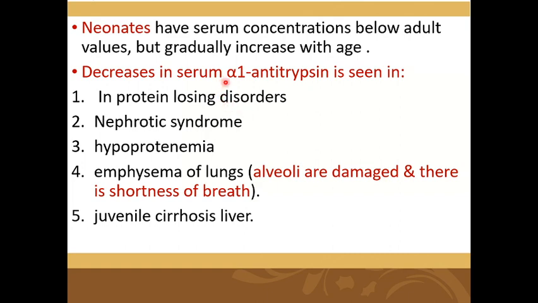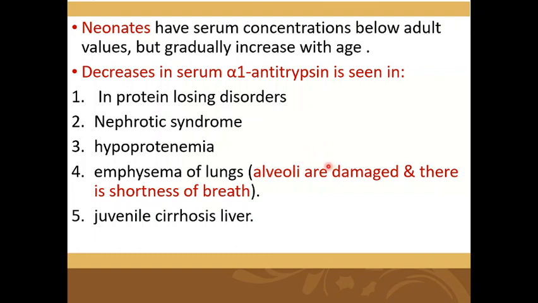Decrease in alpha-1 antitrypsin is seen in protein losing disorders, in all conditions where protein is being lost: nephrotic syndrome, that is kidney diseases, hypoproteinemia, again the protein losing disorders, emphysema of lungs. I have told you in the previous slide what is emphysema of lungs. Alveoli are damaged and there is shortness of breath.